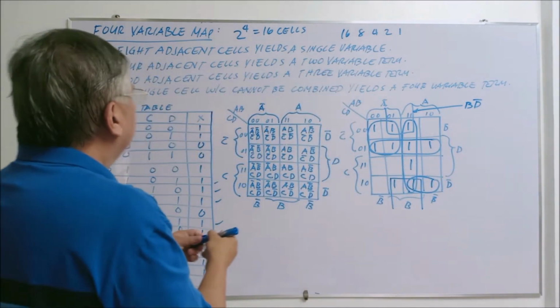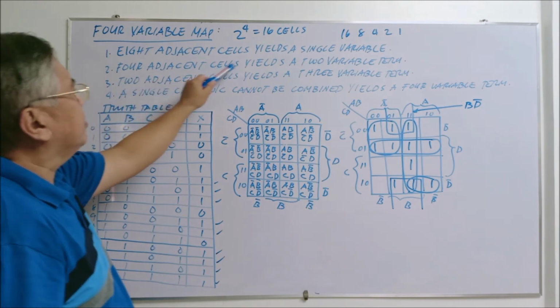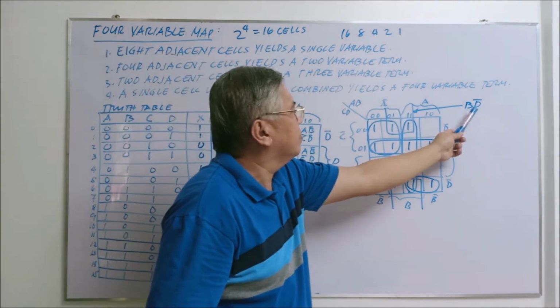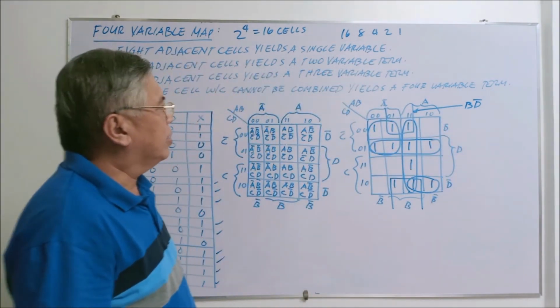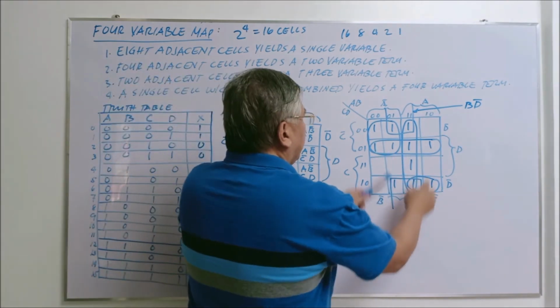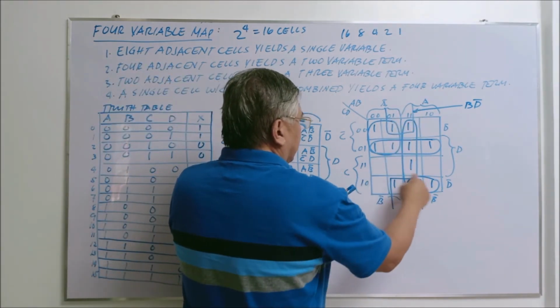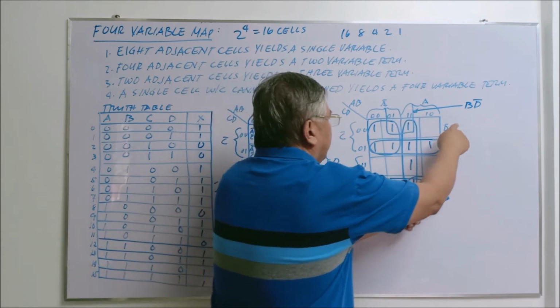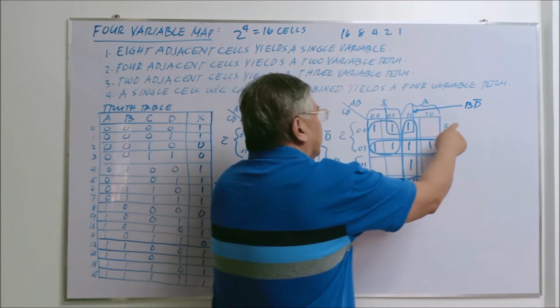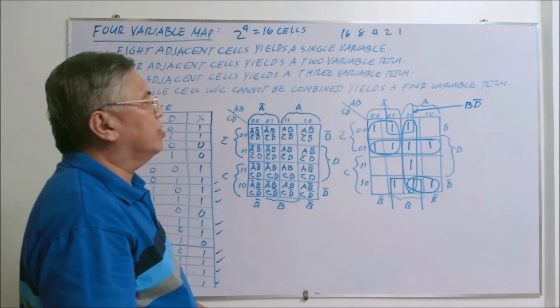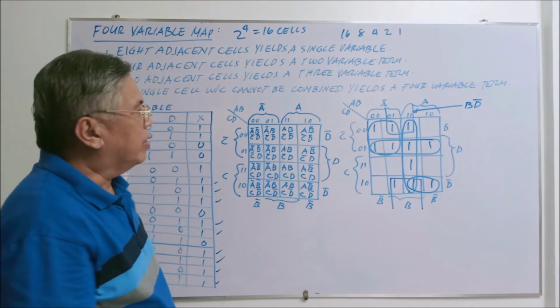Okay, so it says here 4 adjacent cells yields a 2 variable term. Okay, that is under B, this one here, and this one is under B, and at the same time it is under D bar. The intersection of B and D bar.